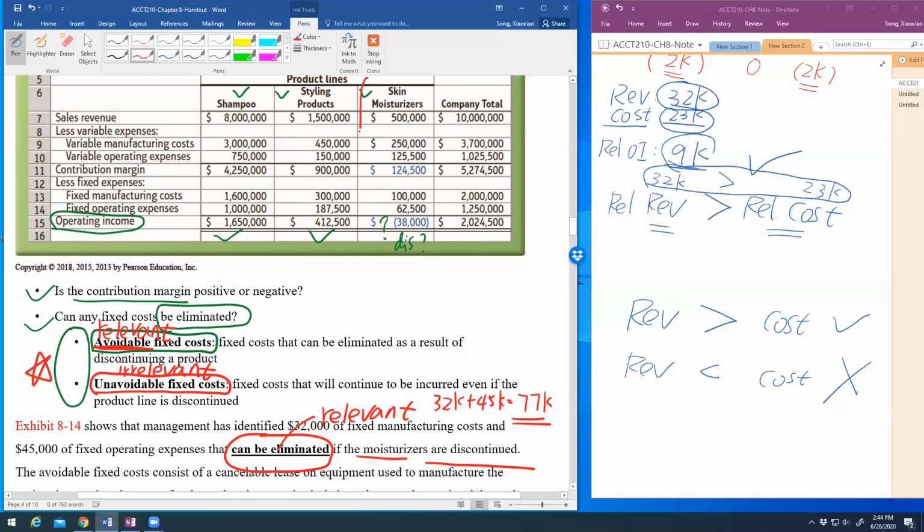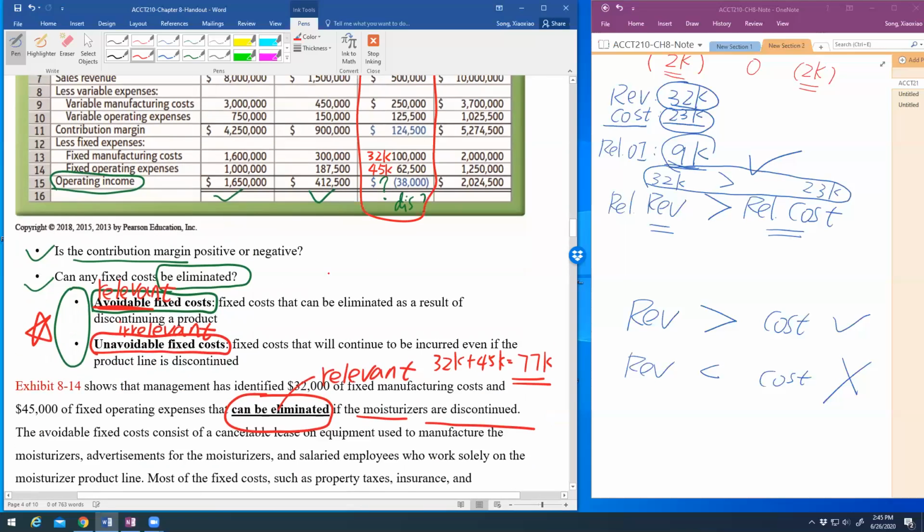For our skin moisture, we only focus on this product. Okay, look at this product. It said 32,000 can be avoided from manufacturing, and 45,000 can be avoided from the operating. So I put it there.